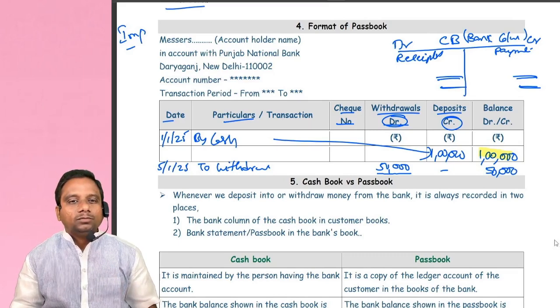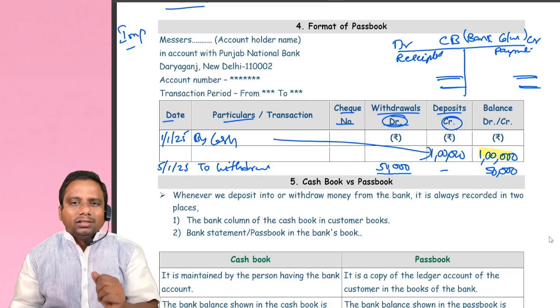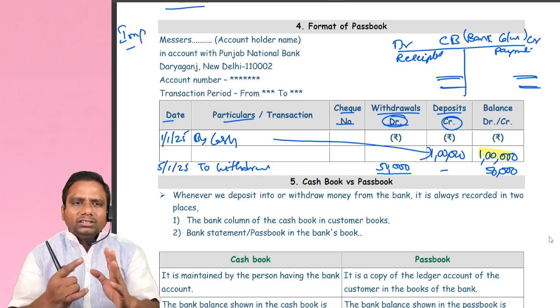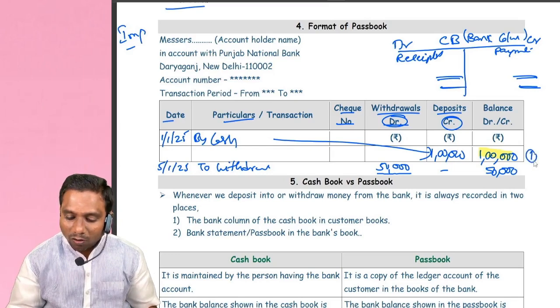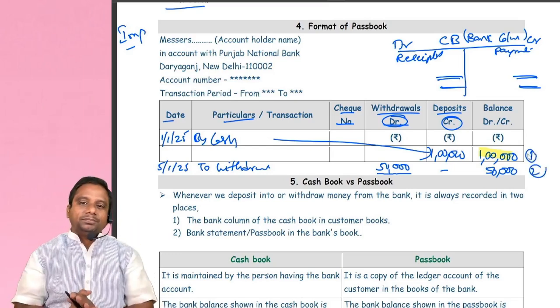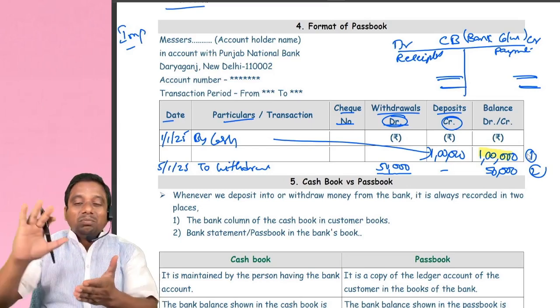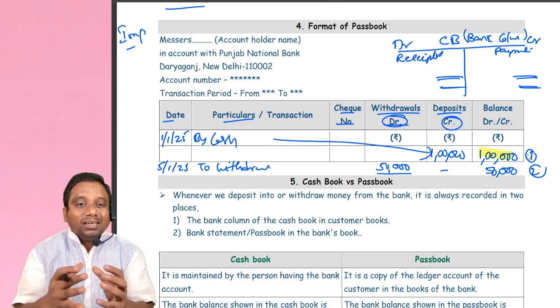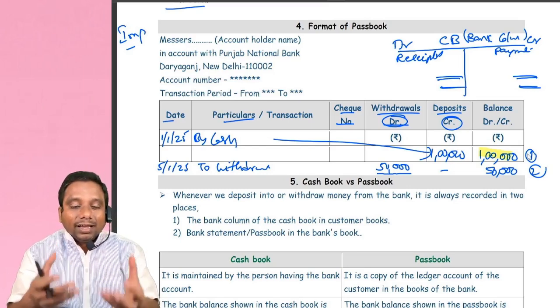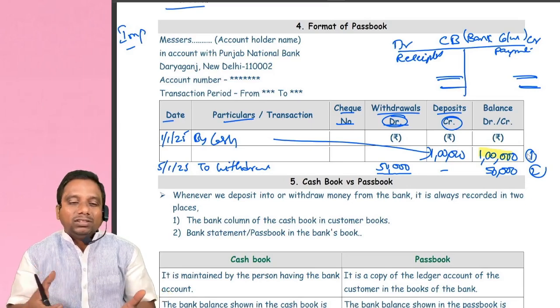Hope you are following. Sir, I observed one thing, sir. What is that? Sir, after every transaction, the bank is balancing the customer account. Wow, good observation, my dear students. But in the T-shape format, generally we balance the account periodically: cash book daily, remaining accounts monthly once.